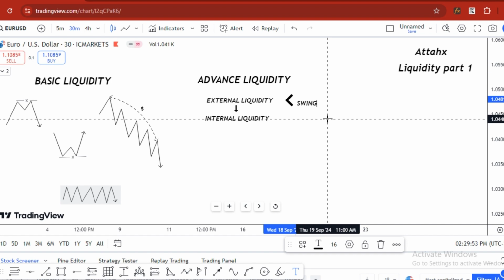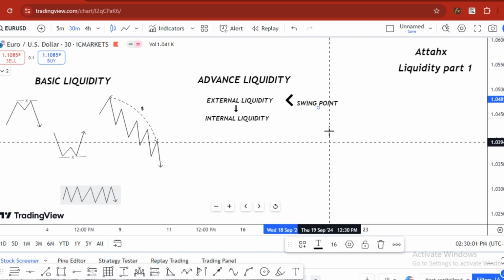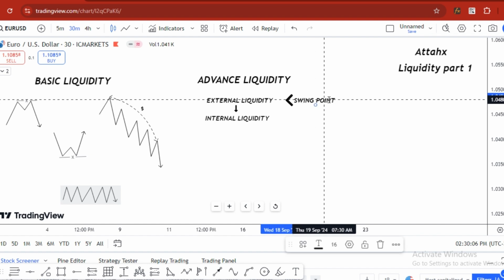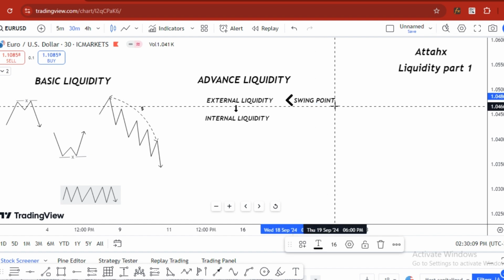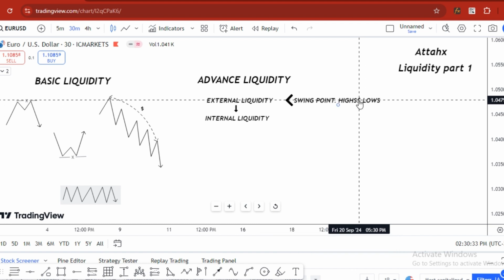Sorry for that mistake. The swing points. So if you watched my last video on market structure, then you shouldn't get confused at this point, right? We have the swing points, and then we also have the highs and lows. I'm still going to give you guys an example of what I mean.